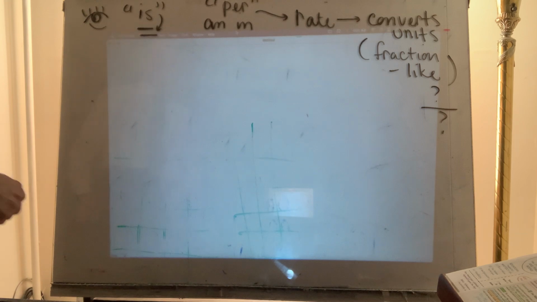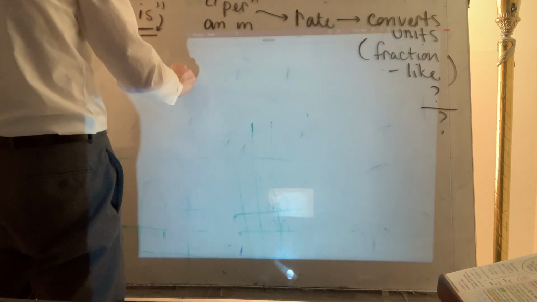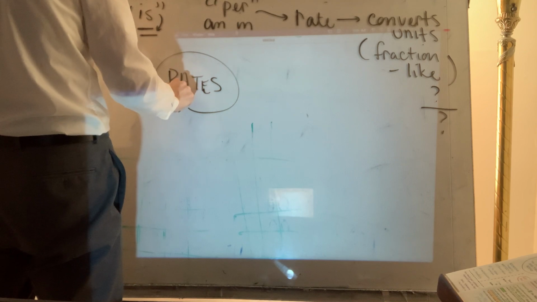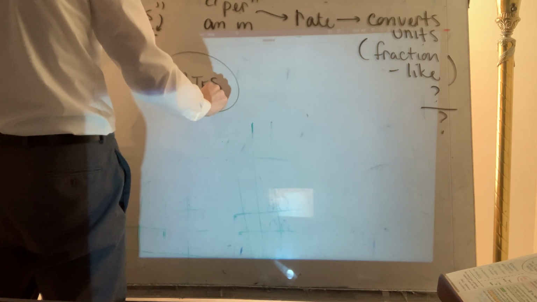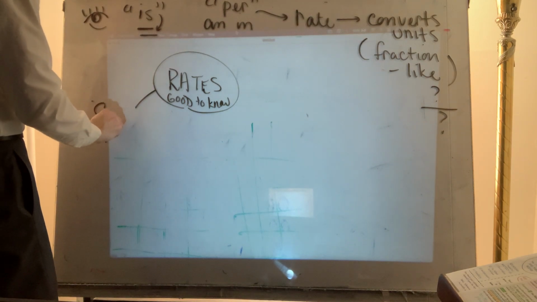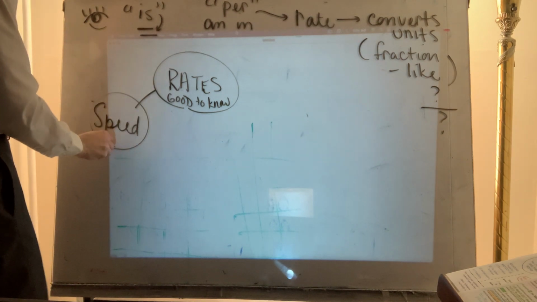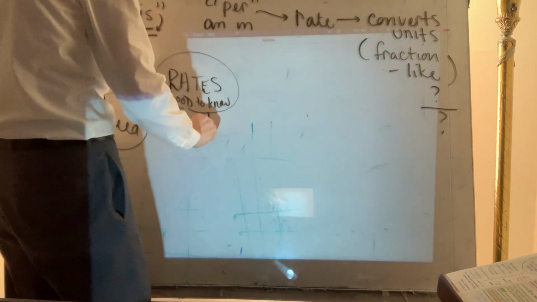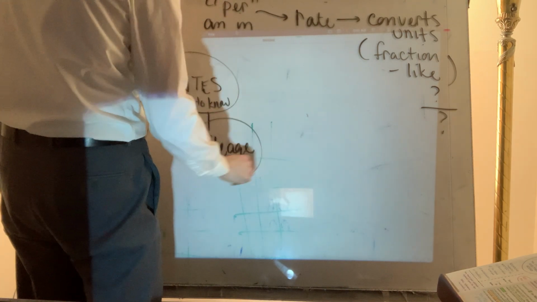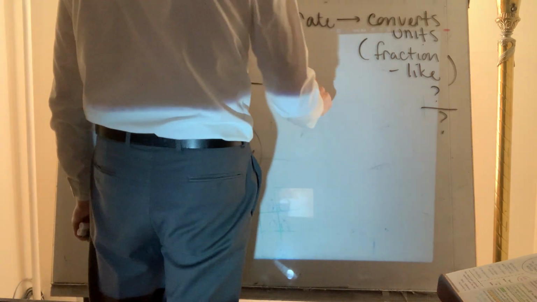Right? These are some rates that would be good to know. Speed is a type of rate. There's mileage. And then there's prices.